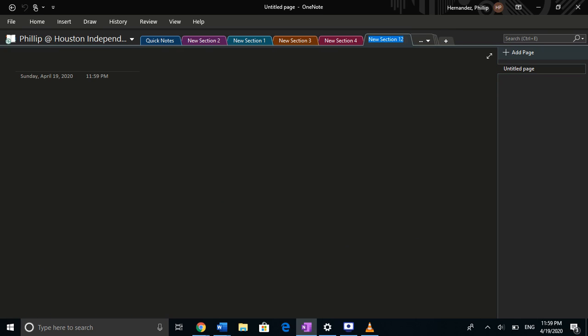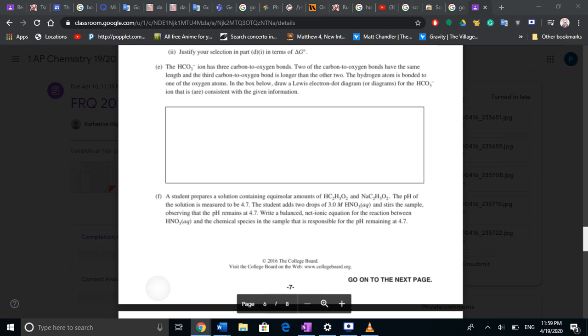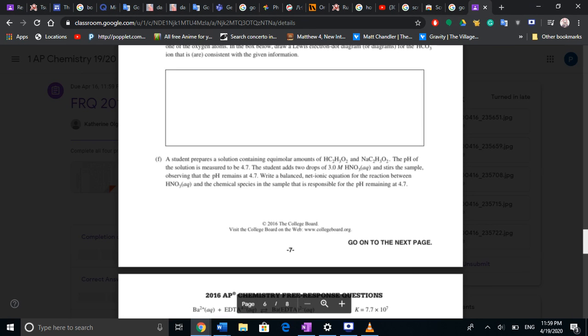So for the next one, we have part 2F. A student prepares an amount of our reactants. The pH is measured to be 4.7. The student adds 2 drops of HNO3 and stirs the sample.